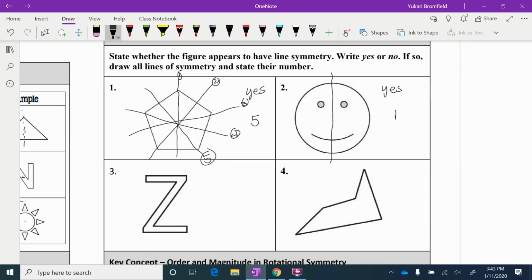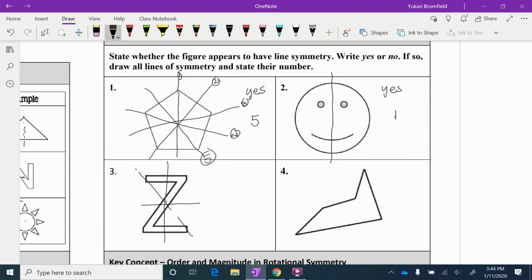And what about number 3? Does this have a line of symmetry? Certainly not vertical, and certainly not the horizontal. And the question is, what about like the diagonal? If you fold that, do you get the same exact shape? And the answer is no. It may look like it, but if you actually trace that folded, it's not going to overlap completely.